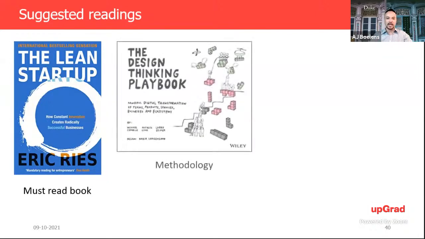So that's one. Another one, this is really about methodology, is the Design Thinking Playbook. So you can try to find this. This is a great book, the Design Thinking Playbook. I use this one. I have it here somewhere. Very, very good book that I would really highly recommend.